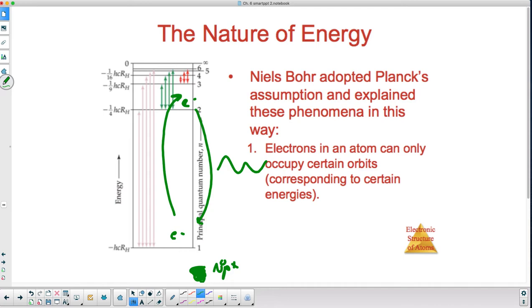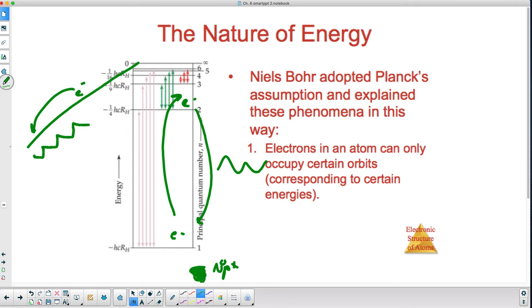Okay, so now here's the cool part about this. The electrons don't just bump up and come back down. There are places that the electrons can only go to. So don't think of this like an inclined plane where the electron gets bumped up to here and then jumps back down like that. Think of this like stair steps.